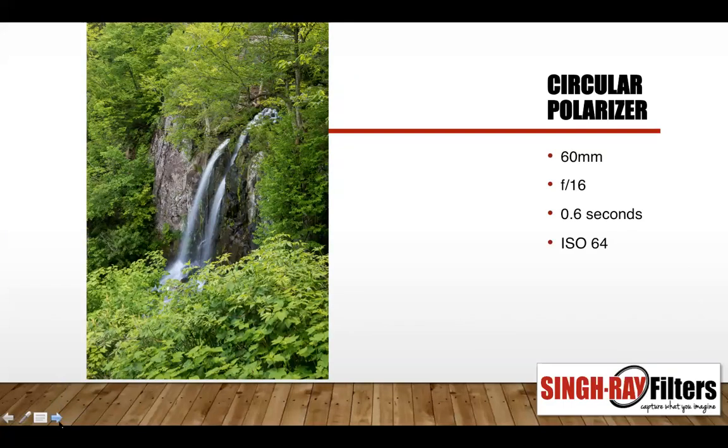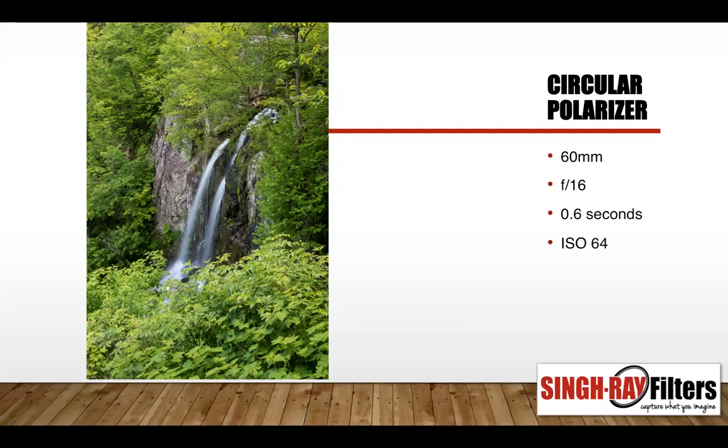This is not taken with an ND filter, and as you can see on the right side, it says it's a circular polarizer, and those are all the settings below it. This is a straightforward waterfall shot, and depending on how fast the water is moving, generally around 1 to 2 seconds is where I usually start with any waterfall.